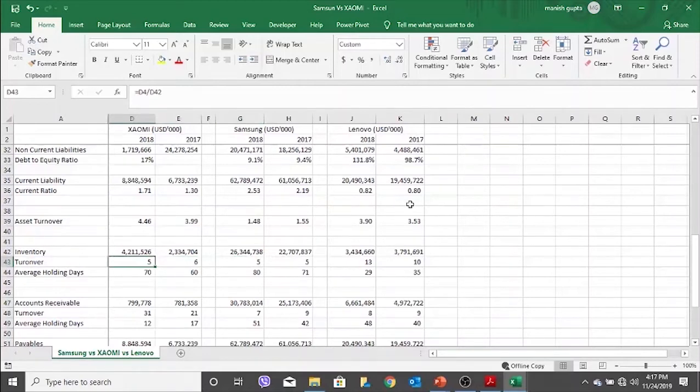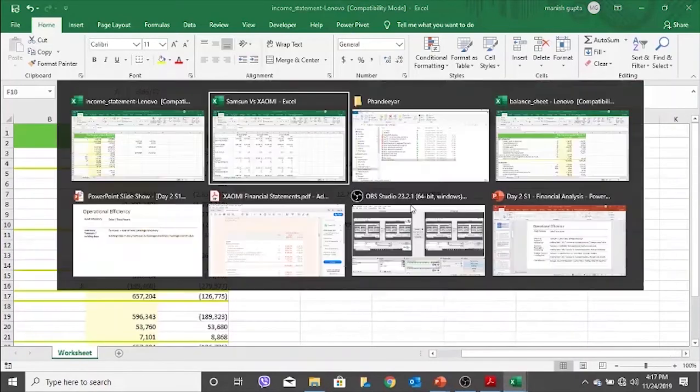The inventory holding days are 29, 80 and 70. Is it bad compared to the competitors? It is good. Lenovo is holding only about 29 days. Samsung needs to hold for 80 days to sell one phone. Xiaomi is similar, 70 days. So which one is better now? Lenovo, correct. And then the next one is accounts receivable.